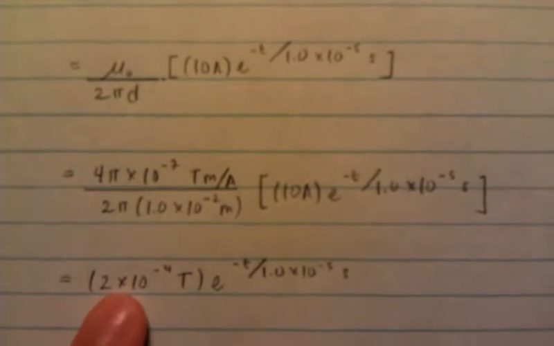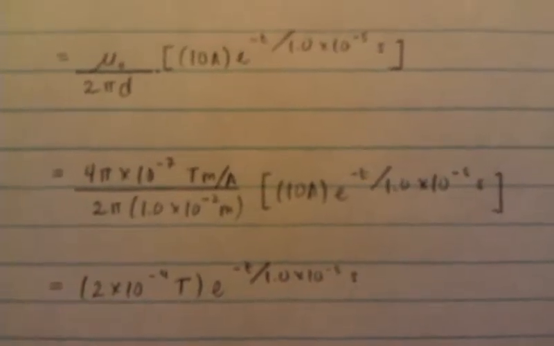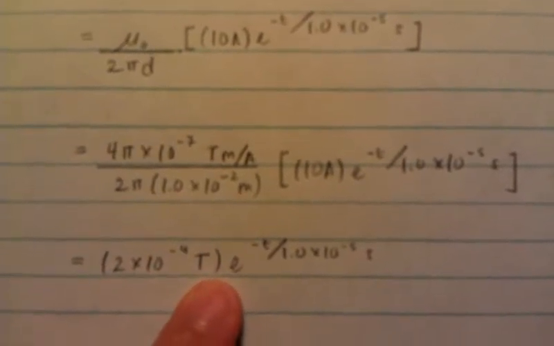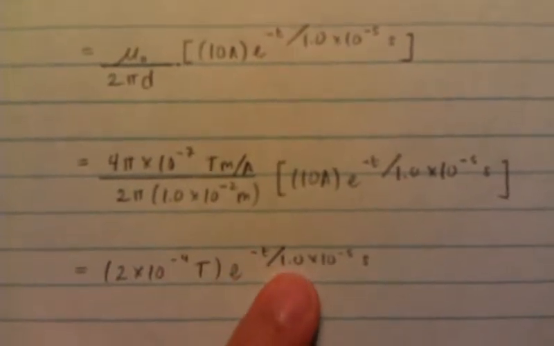And that'll yield our general equation for the graph that we'll be producing later, and that's 2 times 10 to the negative 4 Tesla times e to the negative t over 1 times 10 to the negative 5 seconds.